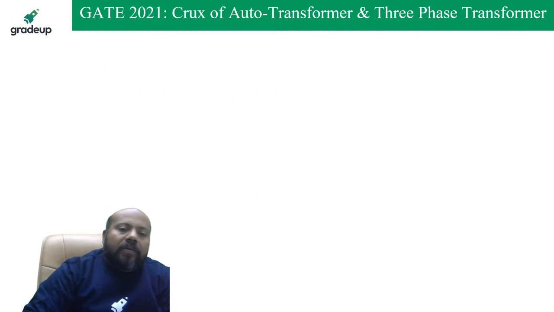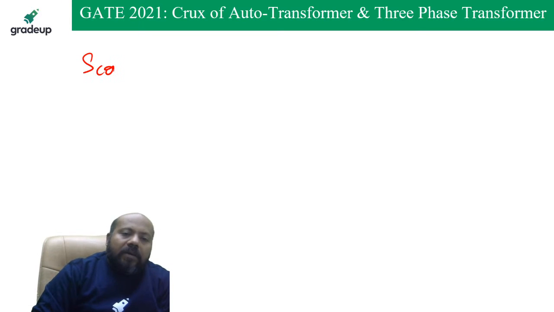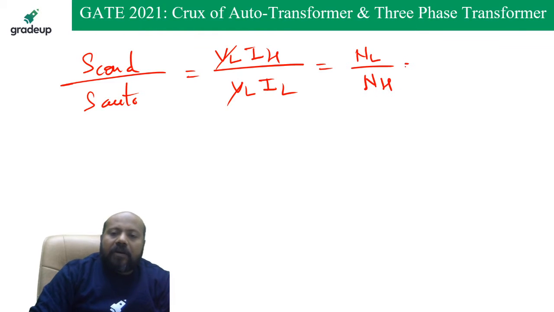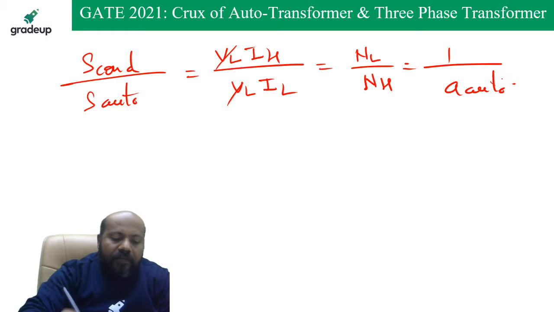If you want S conductive with respect to the power transformed by the auto transformer, this is going to be VLIH and this is going to be VLIL. VL cancelled, this is going to be IH upon IL, which is going to be NL upon NH, and this is going to be 1 upon A auto transformer.